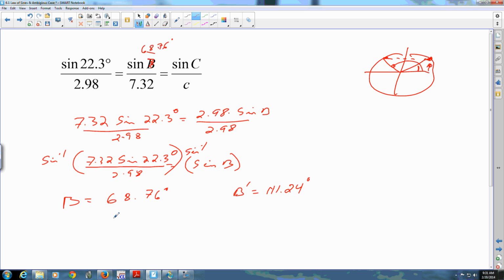I'm just going to finish this as if I didn't know anything about this. Okay, so I need to take these two angles and cut them off of 180 to get the third angle. So 180 minus 22.3 minus 68.76. And I get this C could be 88.94.